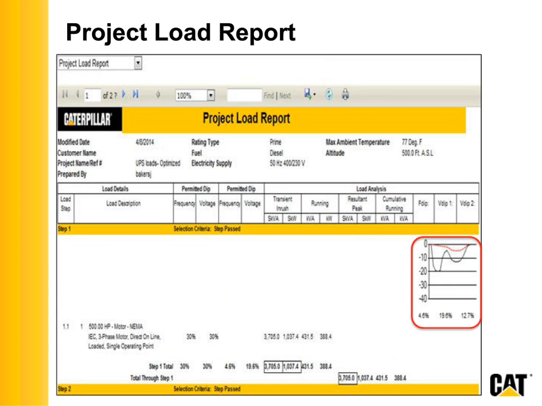Say you've got, SpecSizer will size up to 99 loads and 99 steps. Say you've got a sizing that's 40 load steps, and you would like to know for your starting kVA, what load step should you work with to reduce your starting kVA, to reduce the size of your alternator.